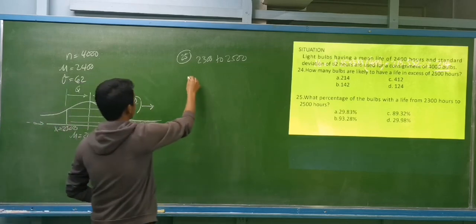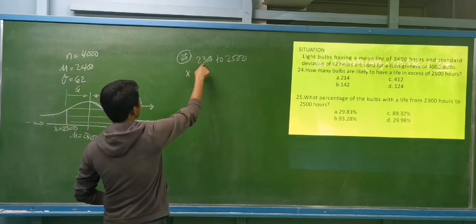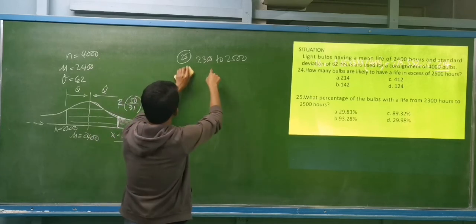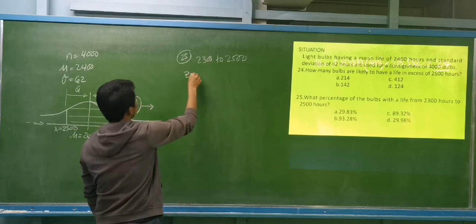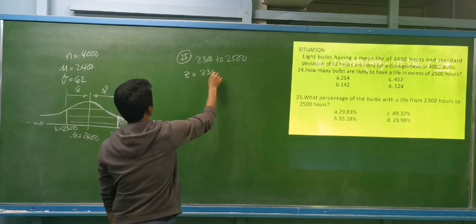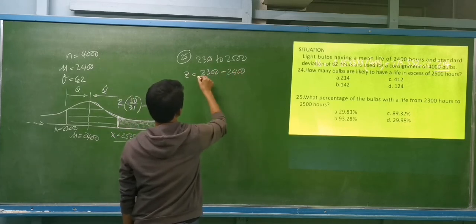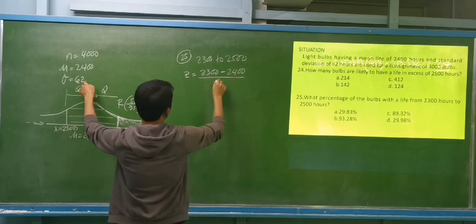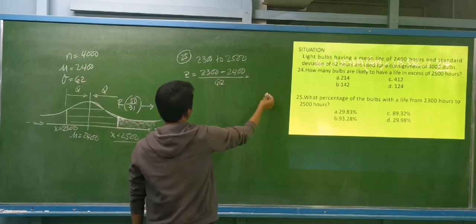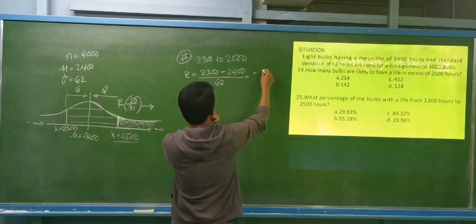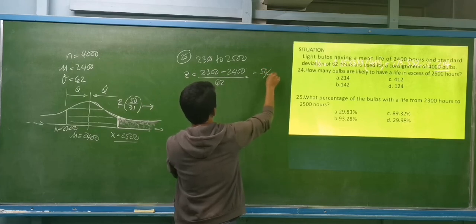So, paano natin gagawin yan? Kunin yung equivalent value ng X, ng Z pala for 2,300. The value of Z is 2,300, okay, minus yung mu, 2,400, this is divided by standard deviation is 62. Ang lalabas dito is negative 50 over 31.